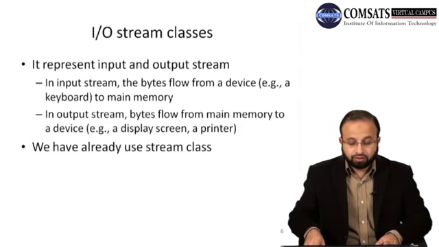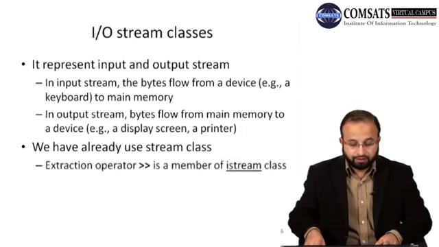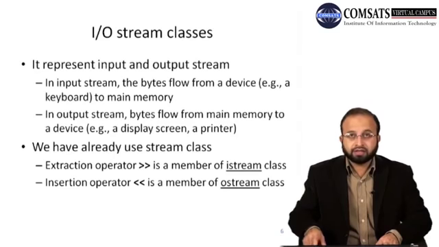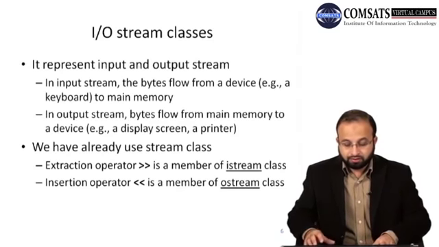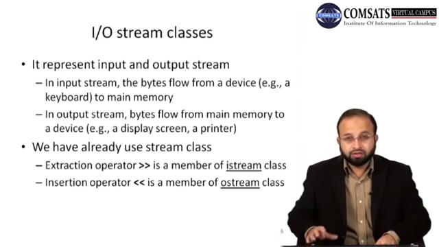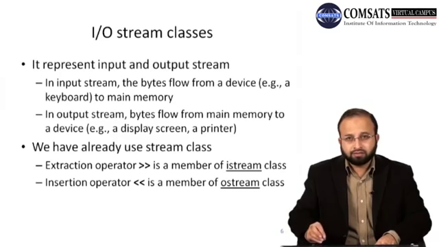We have already used stream classes. The extraction operator, greater than sign, is a member of the istream class, and the insertion operator, less than sign, is a member of the ostream class. So we have already used these stream classes to display some value on the screen or to input a value from the user.